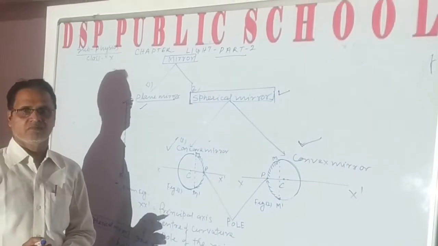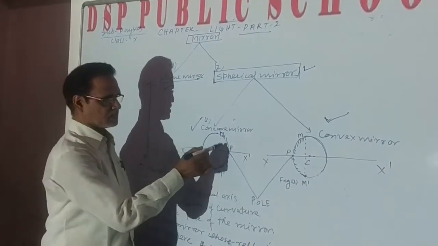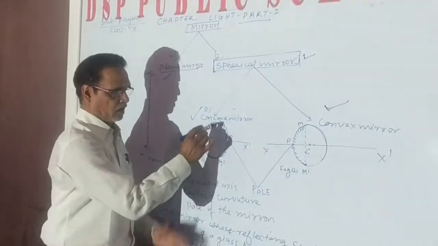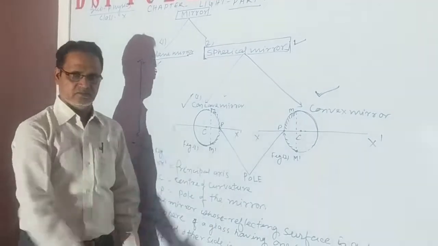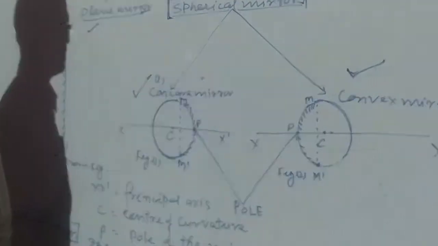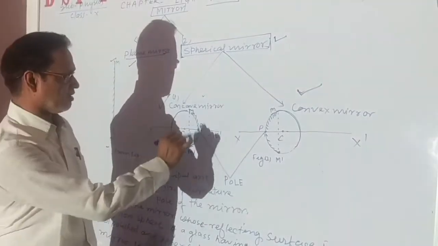Concave mirror is a spherical mirror whose reflecting surface is curved inward, and outside is polished. The reflection takes place through the inward surface. That is concave.